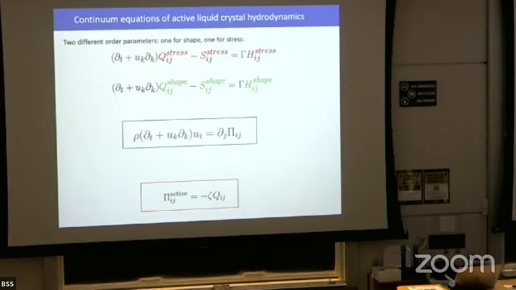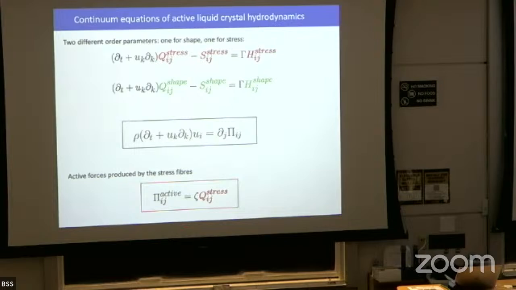And this thing here, the active thing, is just due to the stress. The shape doesn't have any active stresses, but obviously the stress fibers are what's giving you the contractile stress.